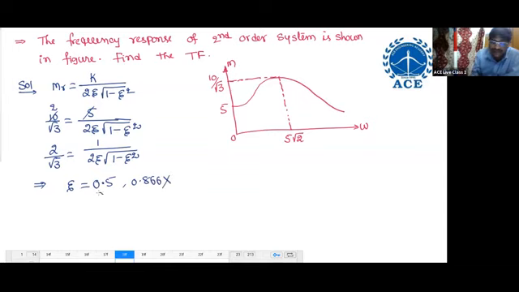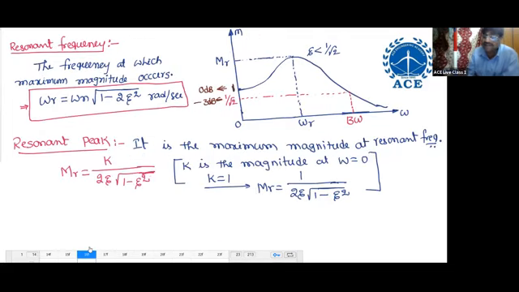And one more thing, remember: resonant peak occurs only when zeta is less than 1 by root 2. In case zeta is greater than or equal to 1 by root 2, you will get the response like this.